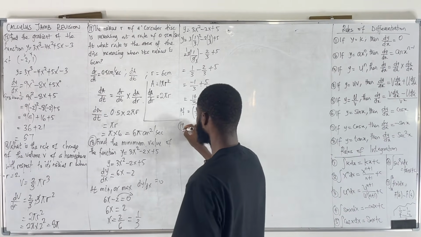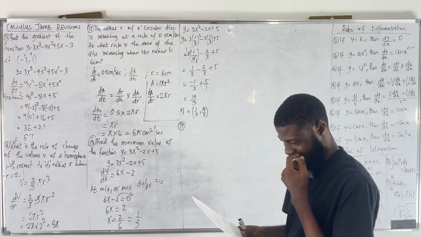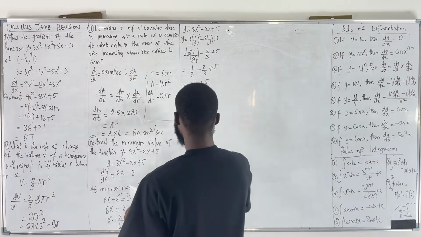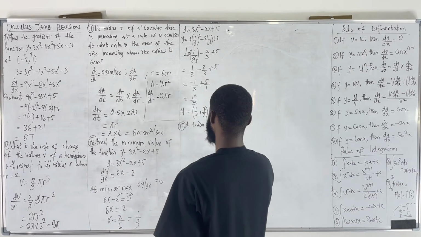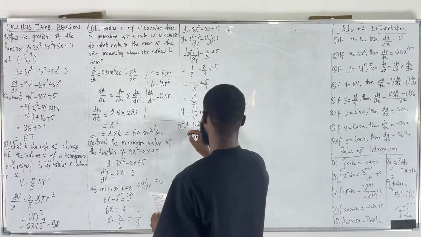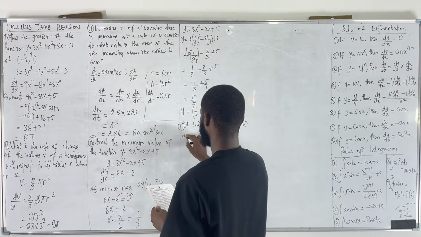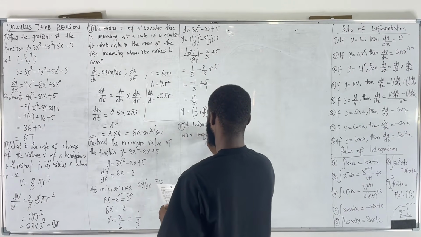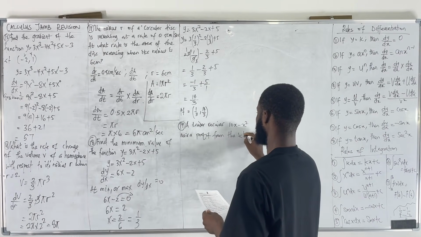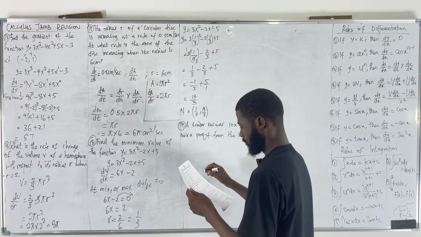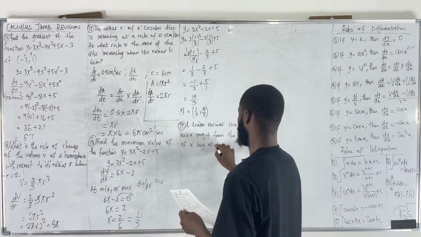Question 19. I've never started differentiation. That's weird. Okay. A trader receives 10x minus x squared naira profit from the sale of x bags of corn.